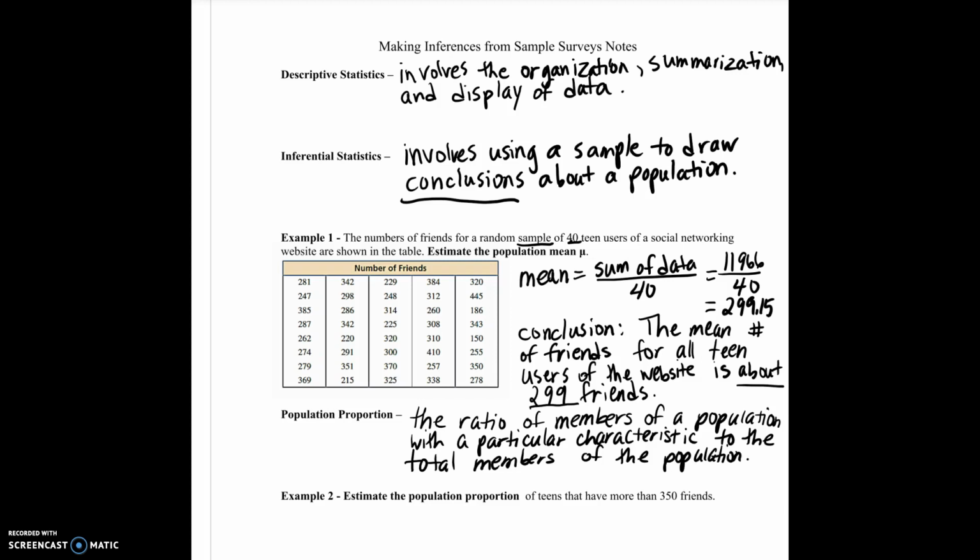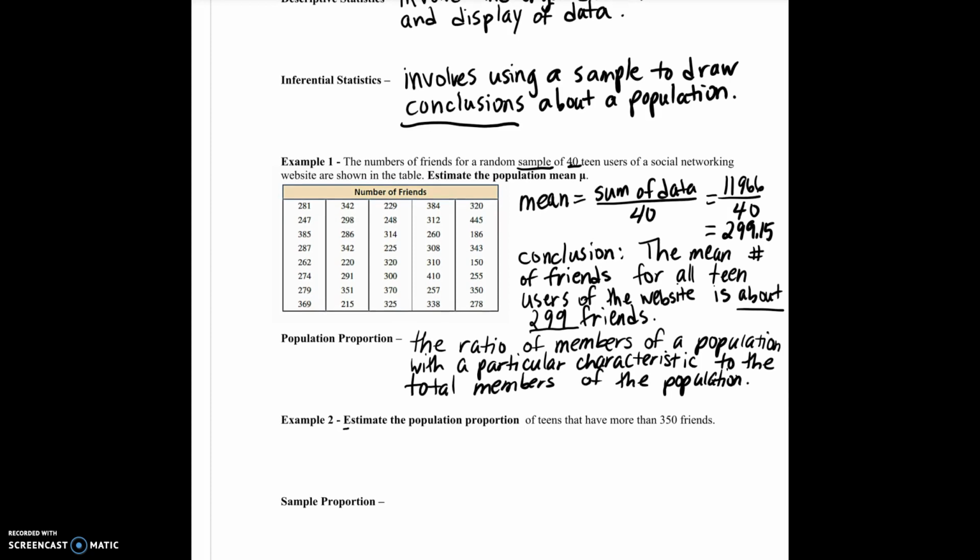So just like before, when we say we're going to estimate the population proportion, we're going to take the actual proportion from this data, which technically is a sample proportion, and then make a conclusion for that.